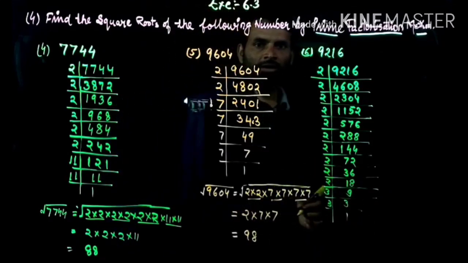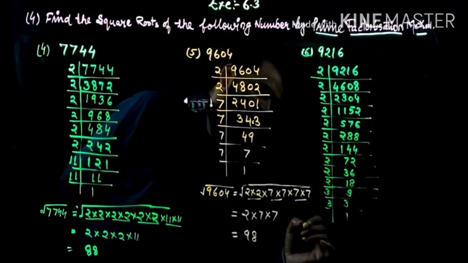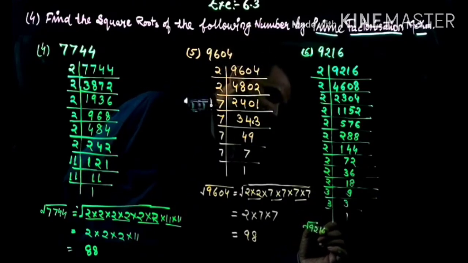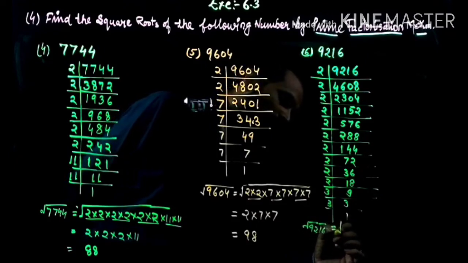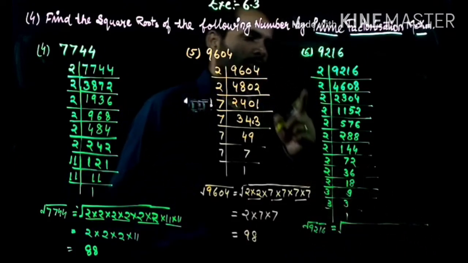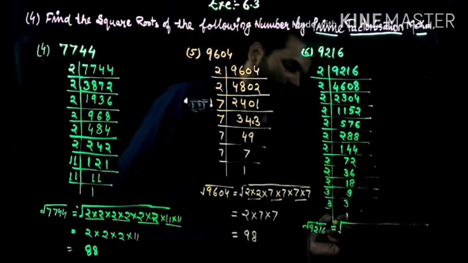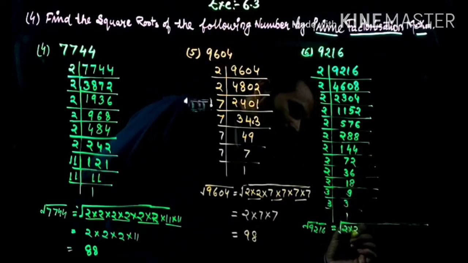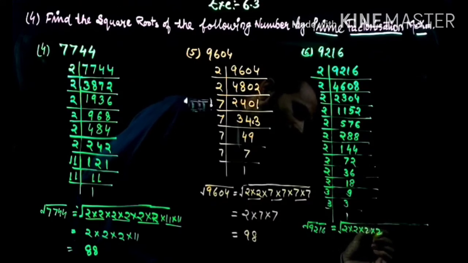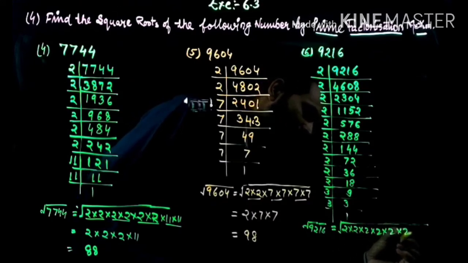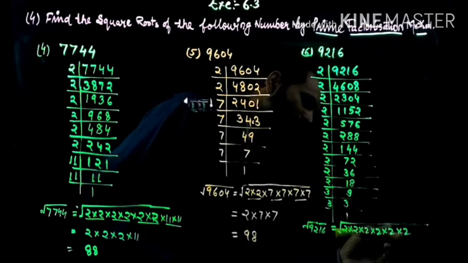Okay, till the finish you write the root of 9216 is equal to root of how many times of 2? 1 2 3 4 5 6 7 8 9 10. So it will be 2 into 2 into 2 into 2 into 2 into 2. How many times? 1 2 3 4 5 6.